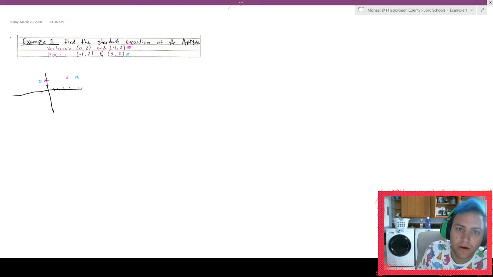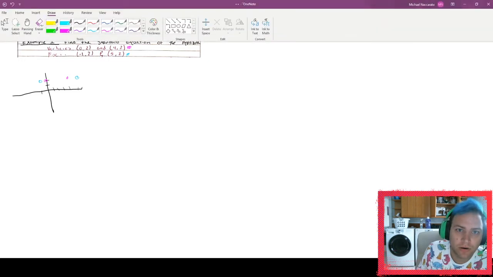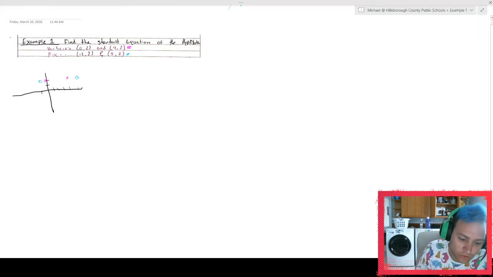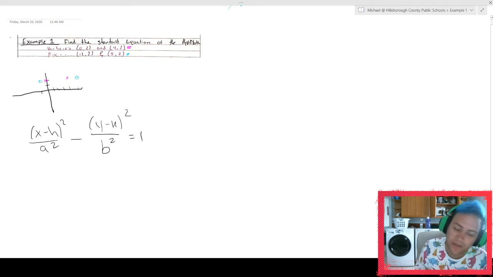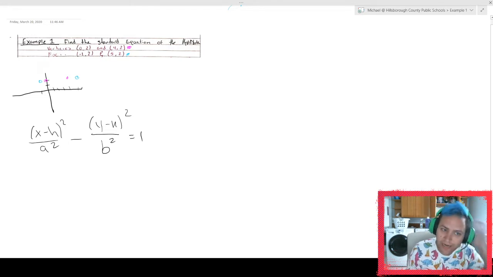So I already know the formula I'm going to use in this problem is going to be the x first. X minus h squared over a squared minus y minus k squared over b squared equals 1. So I already know that. Puts me up into a nice, good spot.